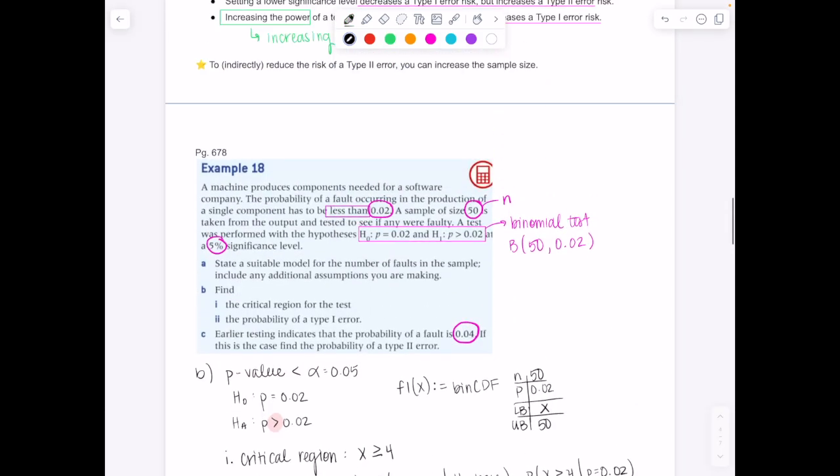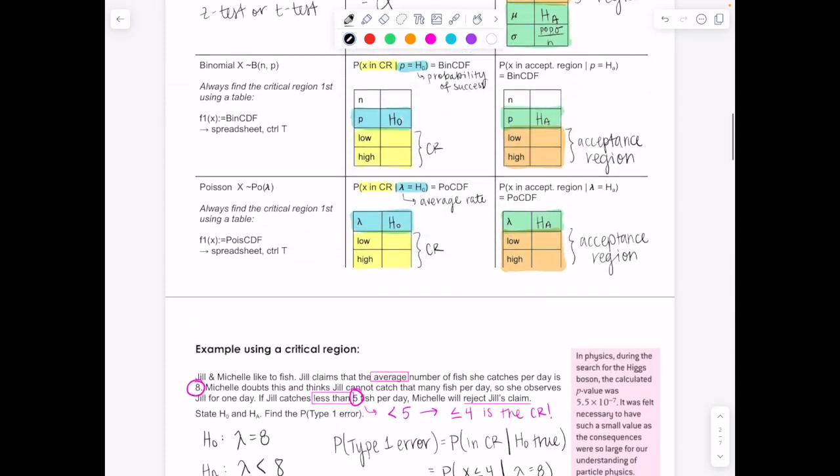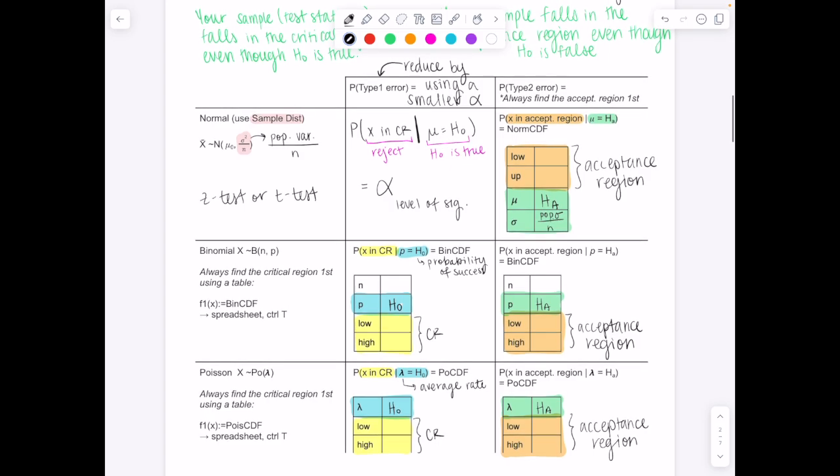Okay. So to recap, when you're calculating the probability of making a type 1 or type 2 error, for a normal distribution, your type 1 error probability is just your significance level. For a binomial and a Poisson, you need to calculate a CDF using whatever value you get for your null hypothesis as your probability or your lambda.